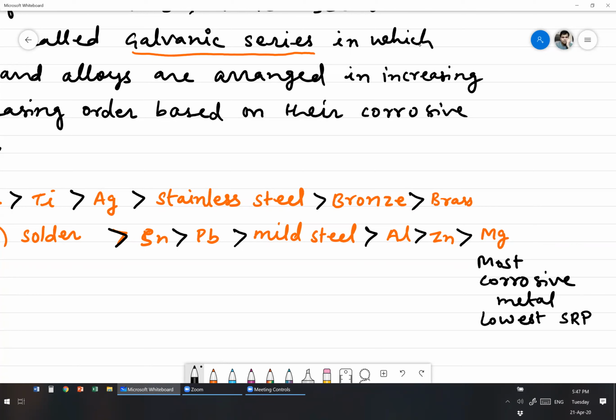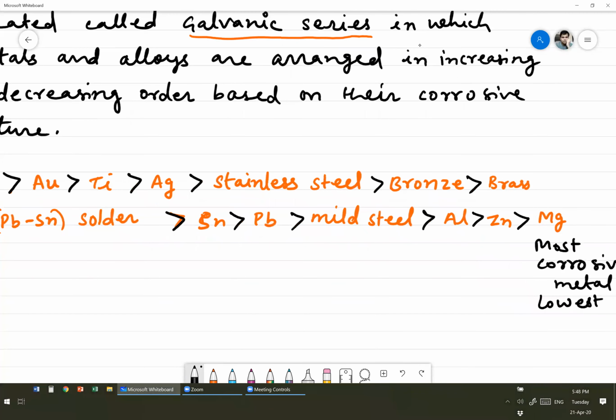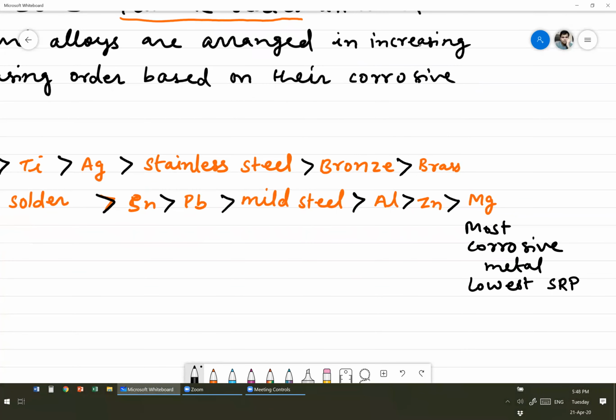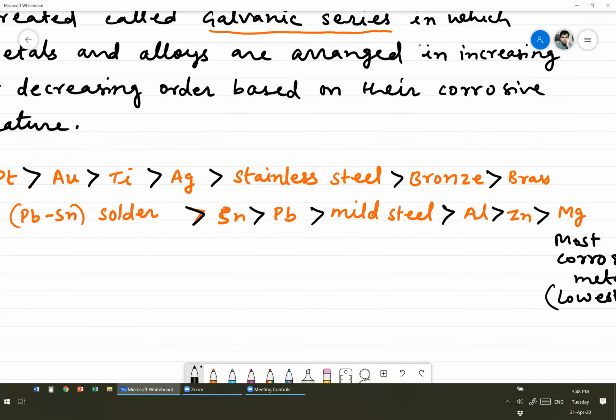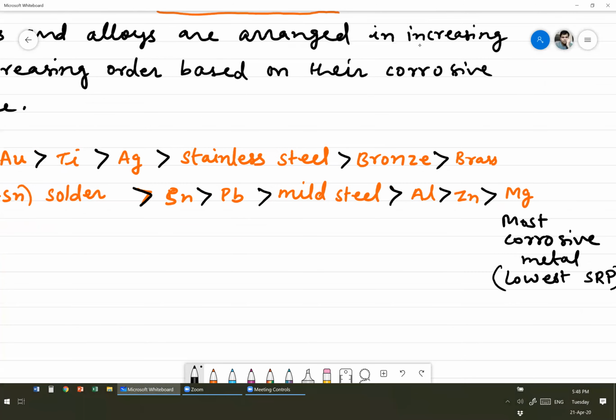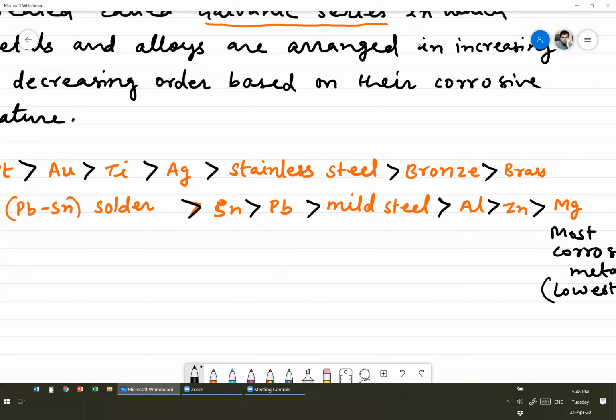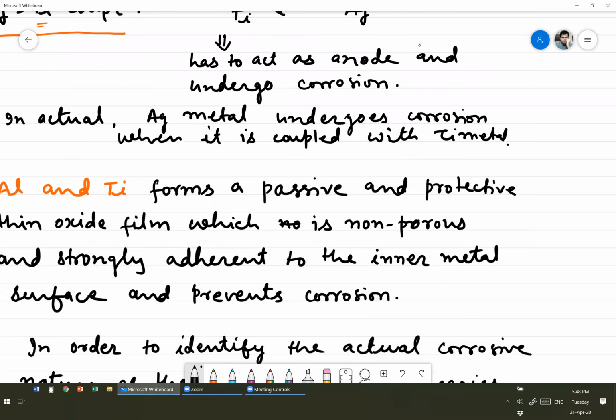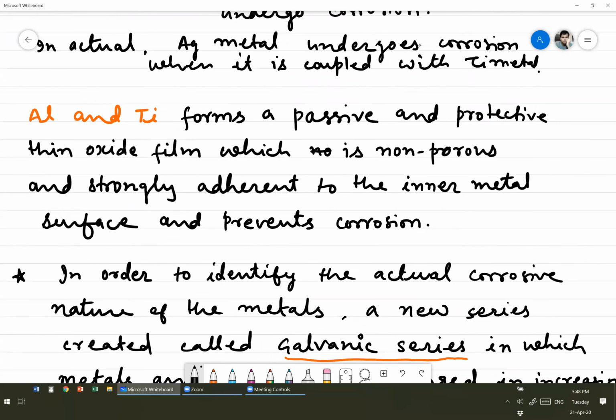Again, I am mentioning that I have written only a few examples from the galvanic series. Magnesium has the lowest standard reduction potential according to this galvanic series, and platinum has the highest standard reduction potential.